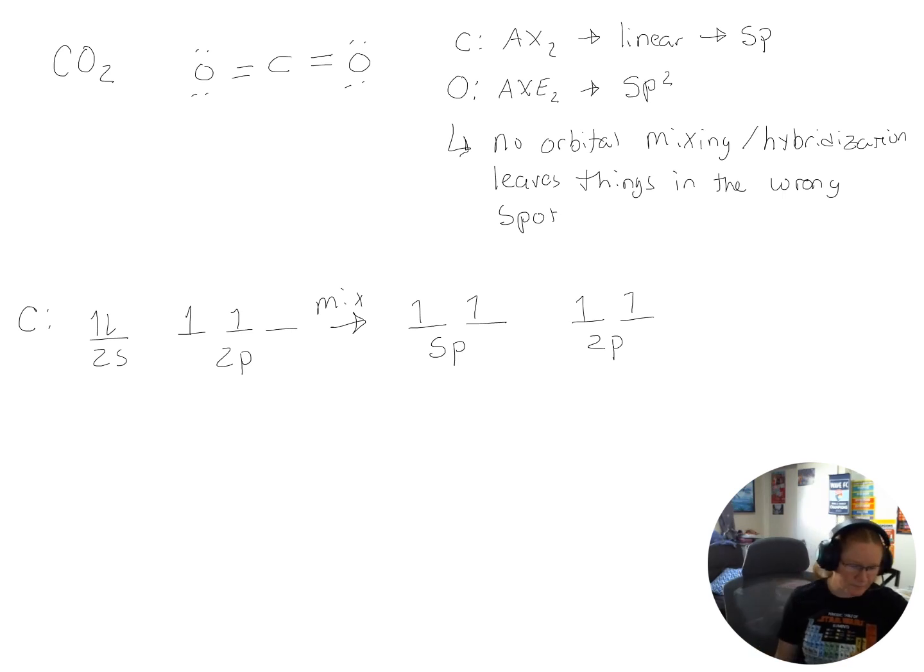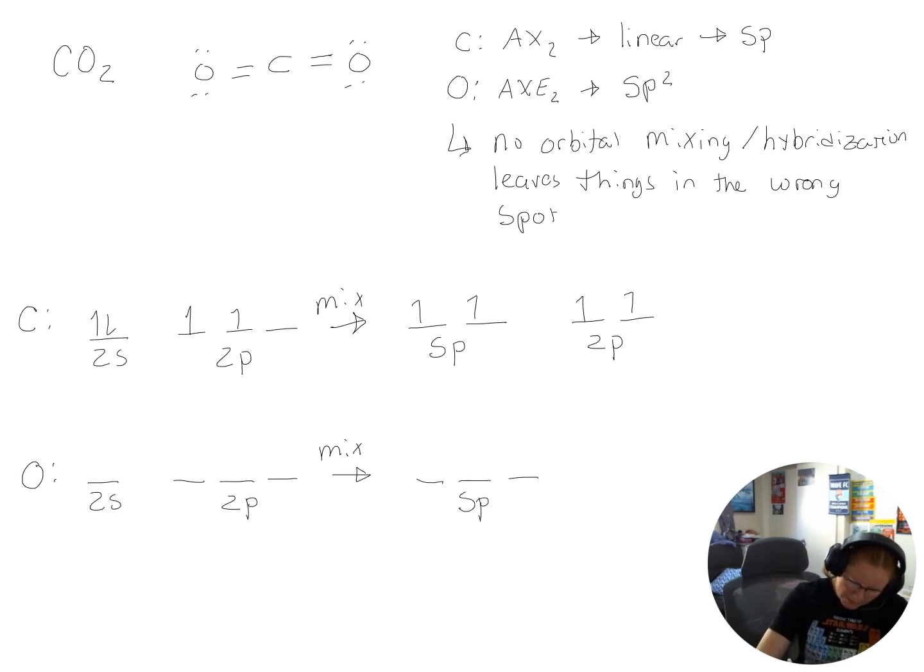Okay. And then oxygen, we're still going to get 2s, 2p. We'll mix. We're going to get 1, 2, 3, sp2, and then that 2p. So 1, 2, 3, 4, 5, 6. And so we have to account for everything.